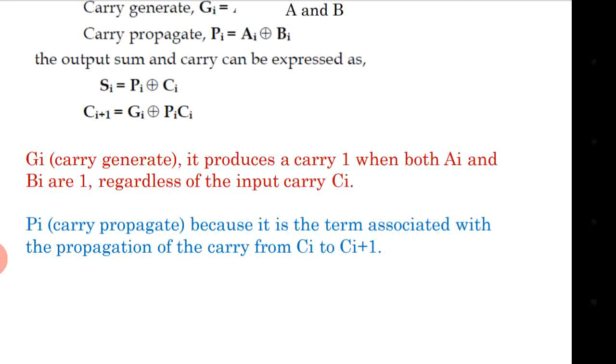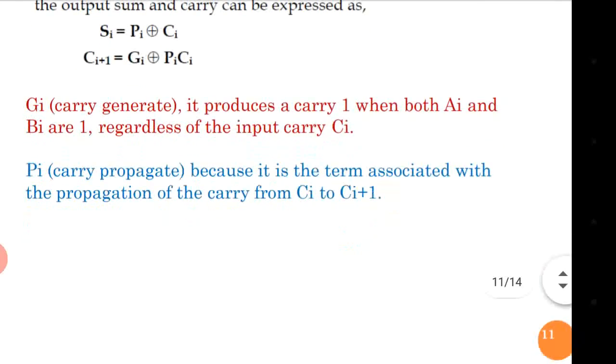Carry generate produces a carry 1 when both Ai and Bi are 1, regardless of the input carry Ci, and carry propagate is the term associated with the propagation of the carry from Ci to Ci plus 1.